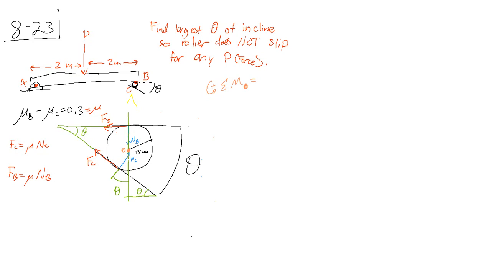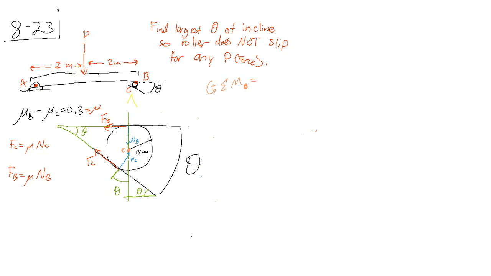Because they pass straight through the center. But FB and FC don't, so there would be some moments for those. And they're both the same distance away, because of the radius, but they're in different directions.